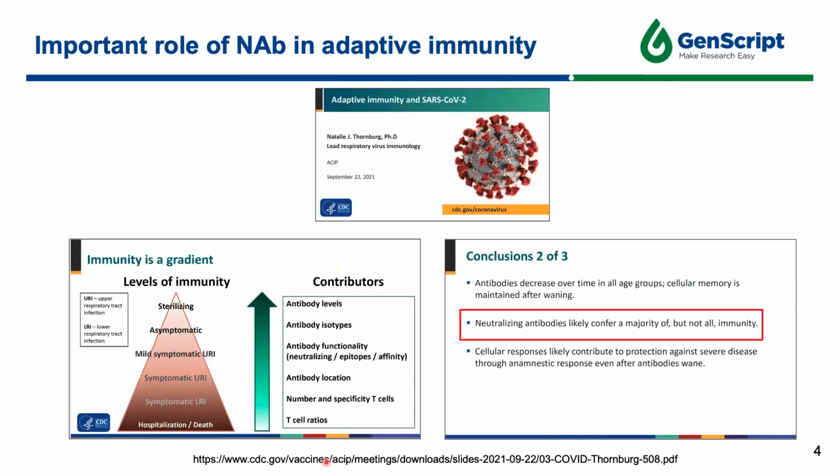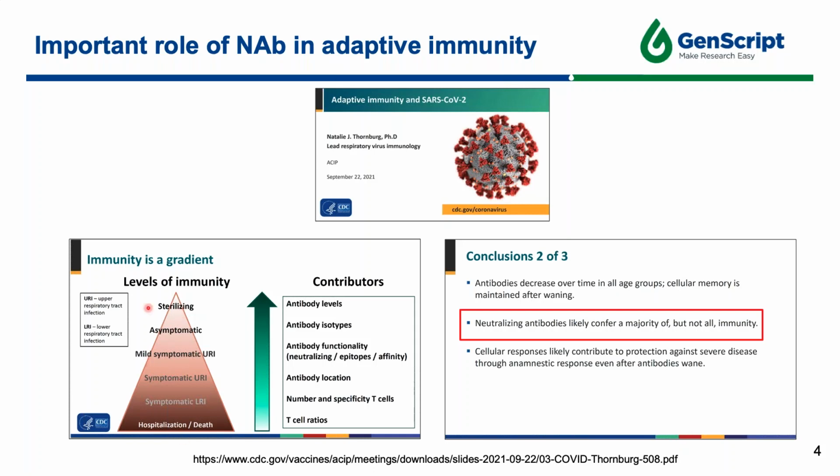From the summary from the CDC, the level of immunity can range from hospitalization and death, to symptomatic upper respiratory infection or mild disease like just cough, to asymptomatic, infected with the virus but not showing any symptom, to sterilizing immunity, which is entirely protected from the infection.